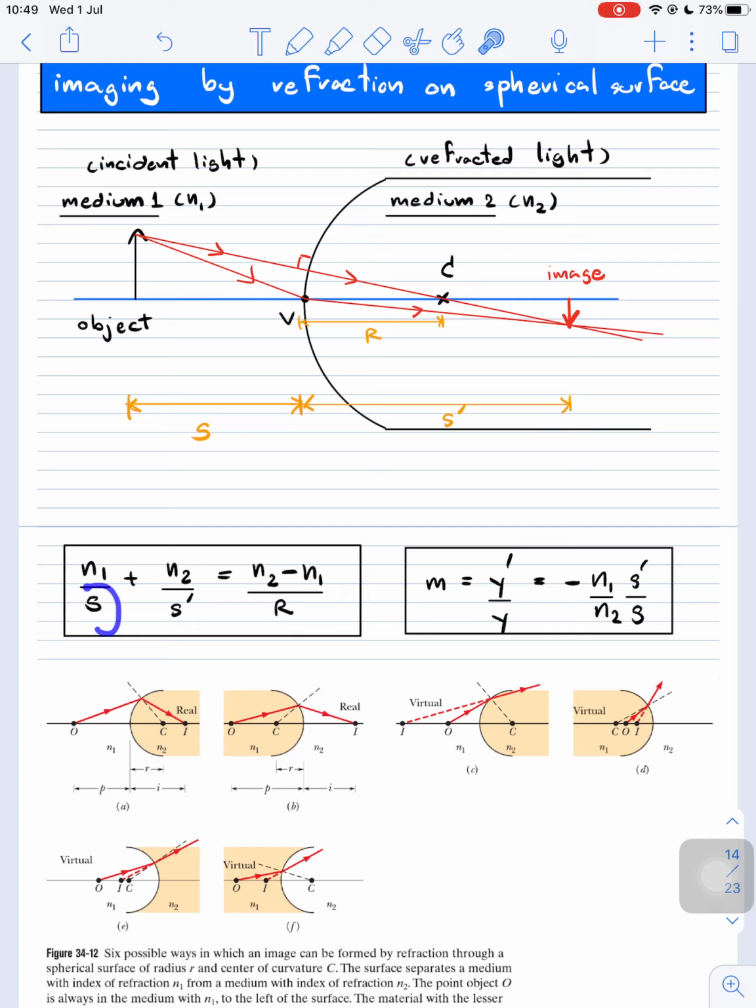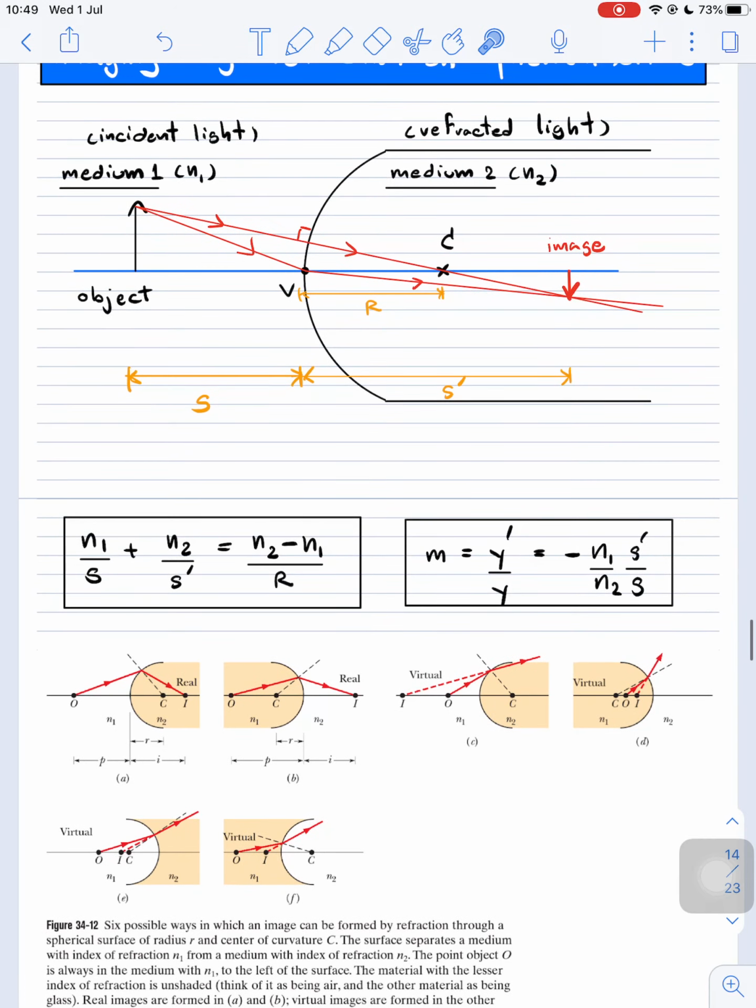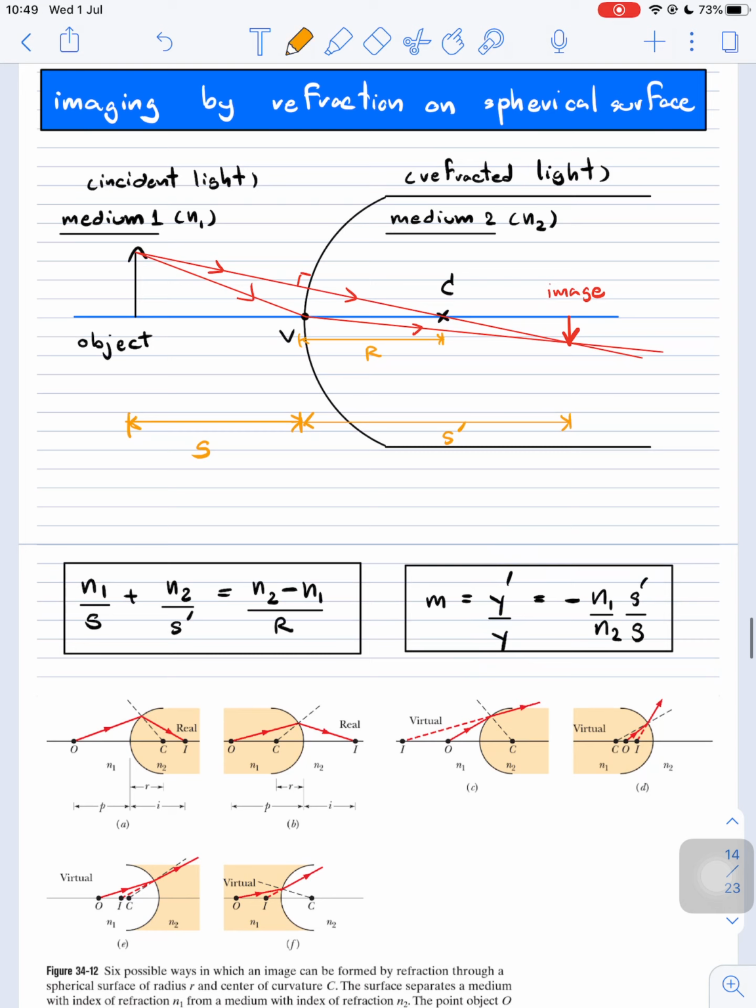The signs of s prime and R must follow the sign convention that I mentioned earlier. Now for the lateral magnification, it is equal to y prime over y. Y is the height of the object, and y prime is the height of the image.